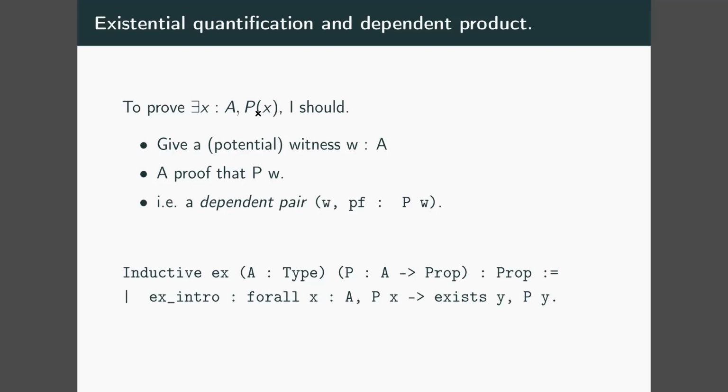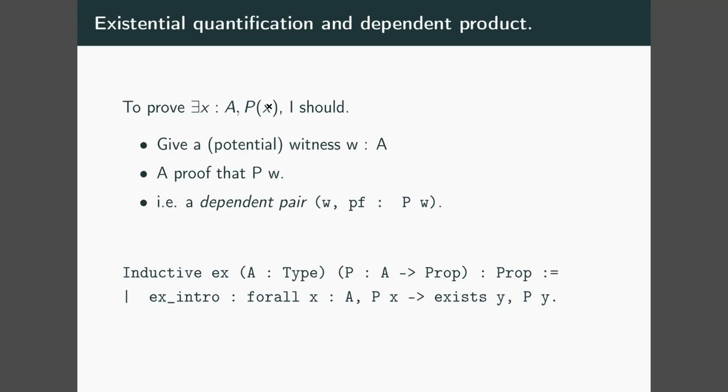I should constructively prove it by giving a potential witness W of A, and then proving that that witness is indeed witnessing P of W. So in other words, a proof of there exists x in A, P x is a dependent pair, where the first component is an element of type A, and the second component is an element of type P of W, P of the first component. Such a thing will witness for me there exists x, P x. Does this make sense? Constructively, this is the only way to do it.